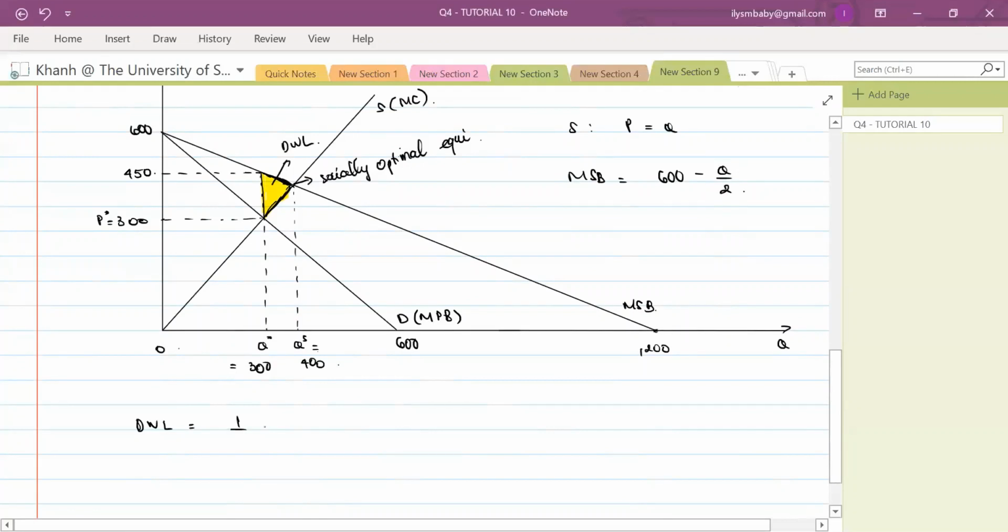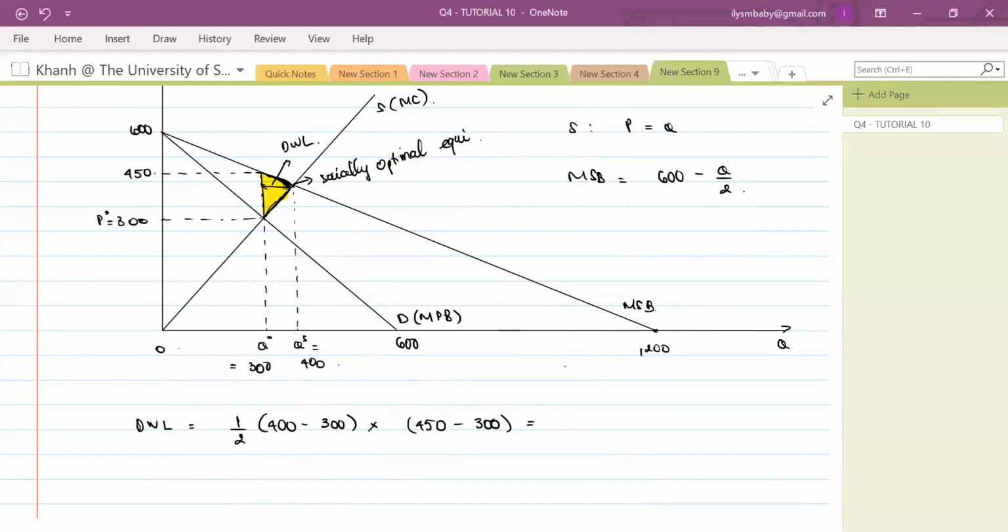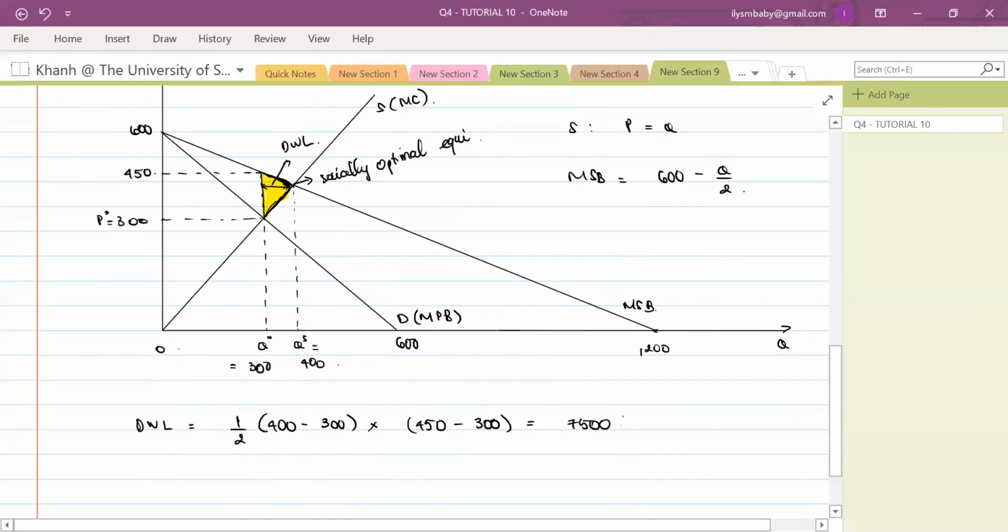The deadweight loss is half of the height, which is the difference between 400 and 300, times the base, which is the difference between 450 and 300. So that is 100 times 150 times a half, which gives me 7,500. So the deadweight loss is going to be 7,500 if the government doesn't do anything.